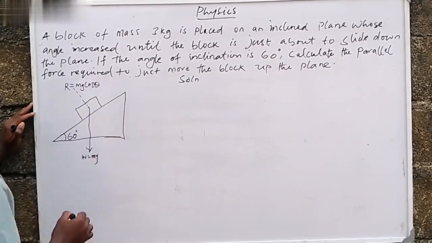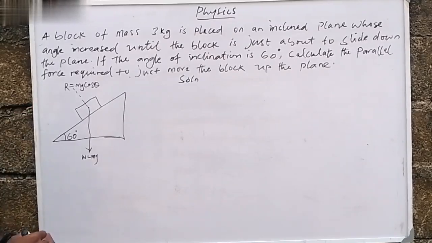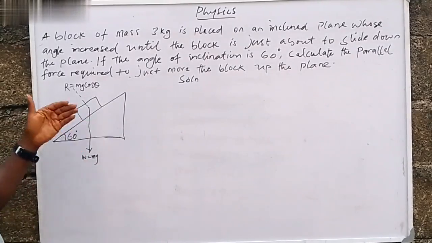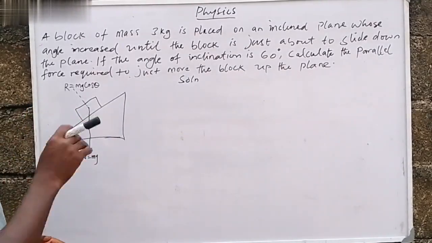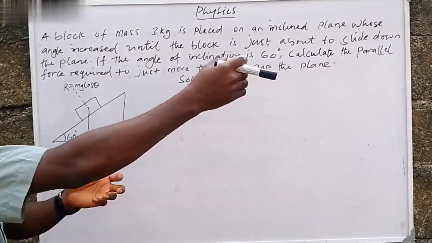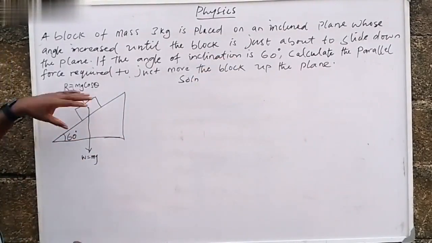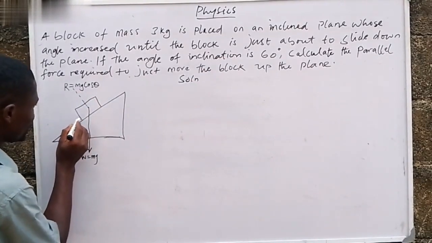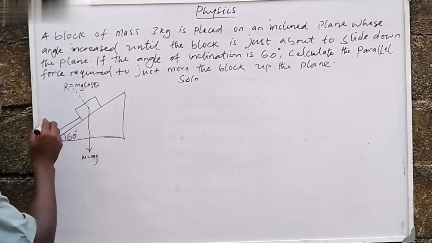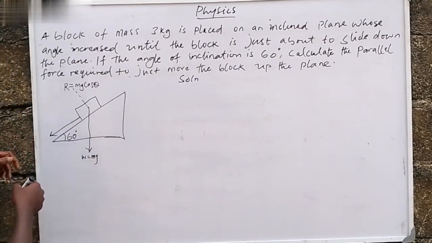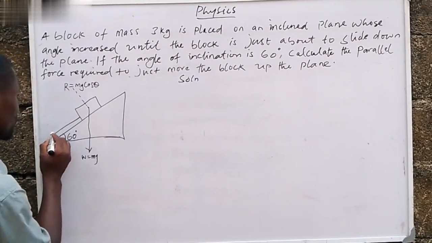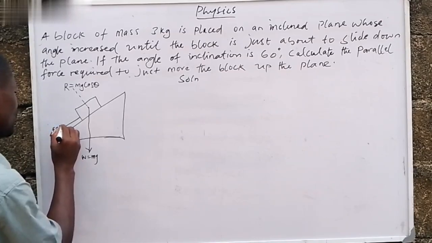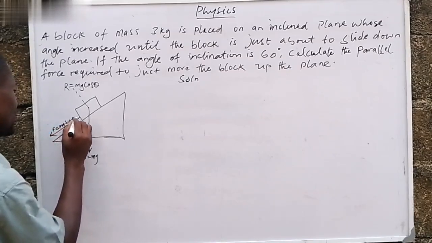One thing about an object kept on an inclined plane is that there is always a force that tends to pull the object downward. So there's a force here trying to make this block move downward, and that force is equal to mg sine theta.